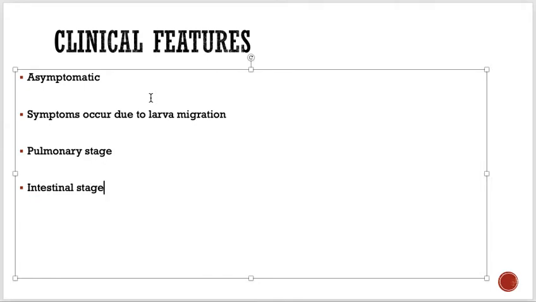When it reaches the lungs, the symptoms develop depending on how many larvae there are. For example, if the larva burden is very high, the symptoms will be more pronounced, but if the larvae are very few, the person may be asymptomatic.